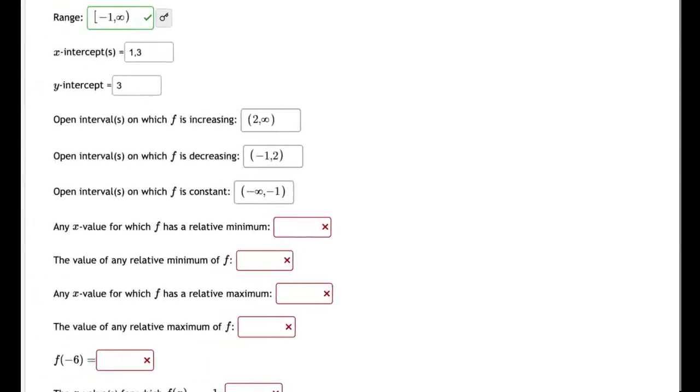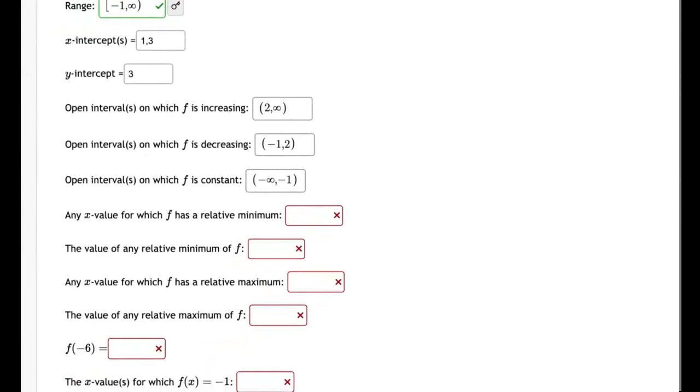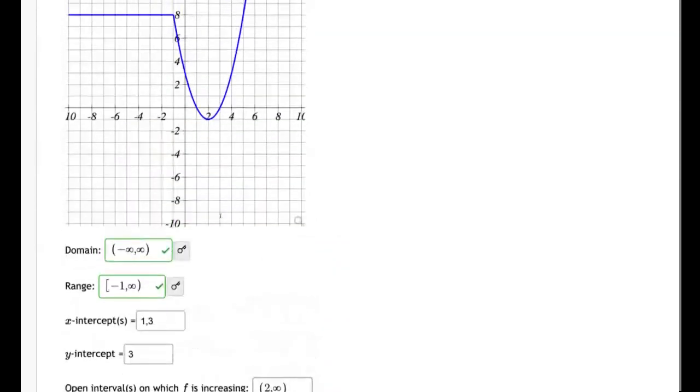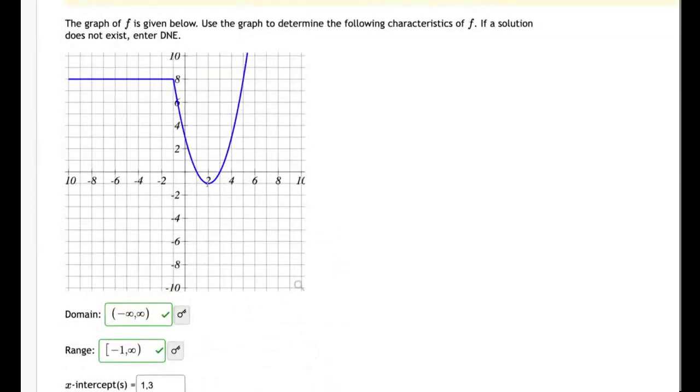All right, so the next two are minimum and maximum. Minimum is the low point. It says at which x value does f have a relative minimum. So let's find the low point. Boom, right here, this is our minimum, the bottom point. This bottom point would be at 2, -1.